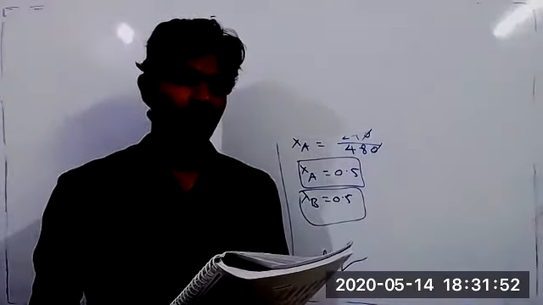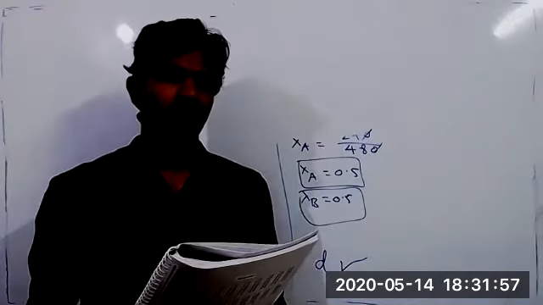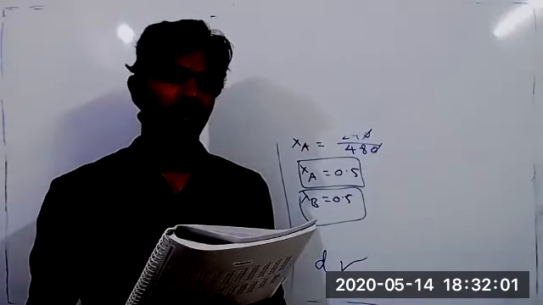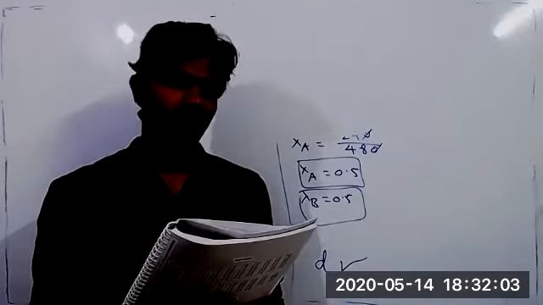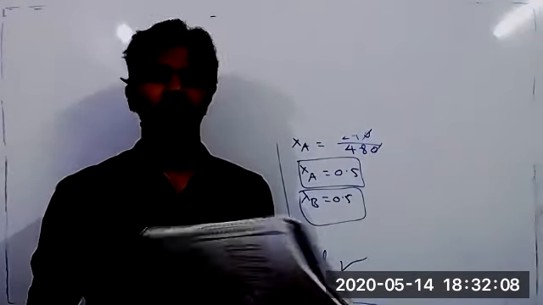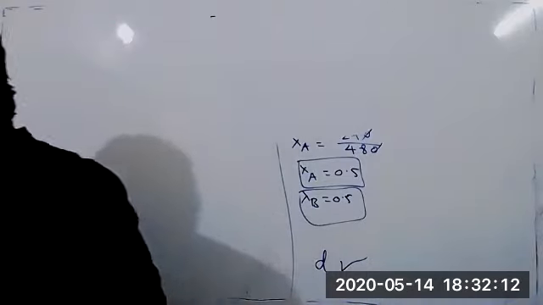Vapor pressure of water at 20 degrees centigrade is 17.5 mmHg. If 18 grams of glucose is added to 178.2 grams of water at 20 degrees centigrade, the vapor pressure of the resulting solution will be. So here we have to apply the relative lowering of vapor pressure formula. So what is the formula?